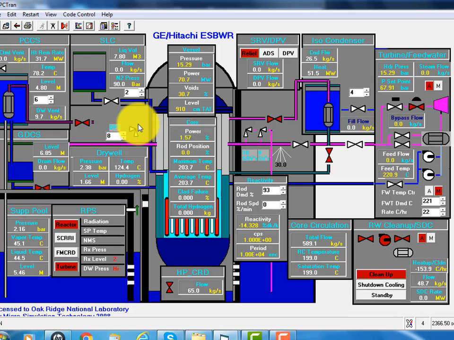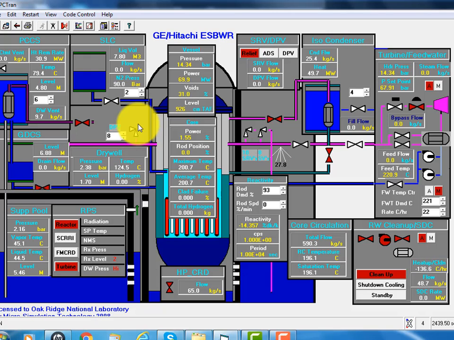Back in 2008 or so, the Exelon Corporation had a Victoria plant down in South Texas, a plant for ESBWR. But later on, because of lack of demand and other reasons, that project was canceled.